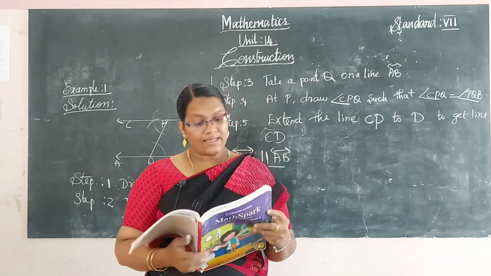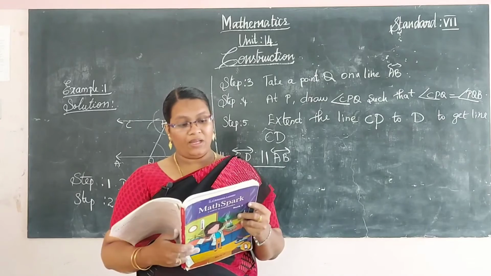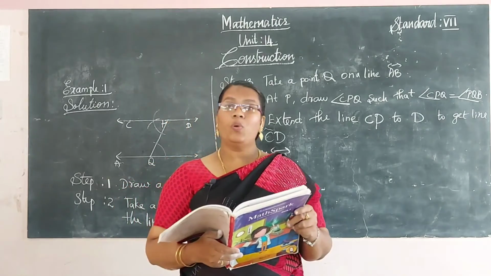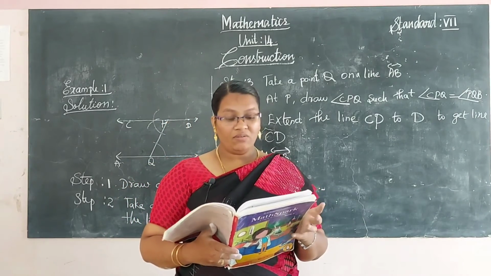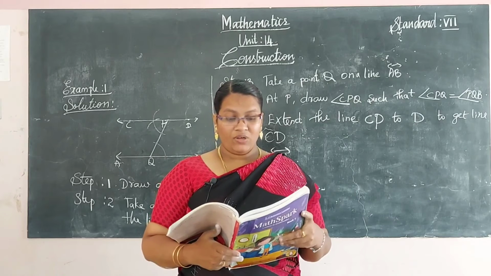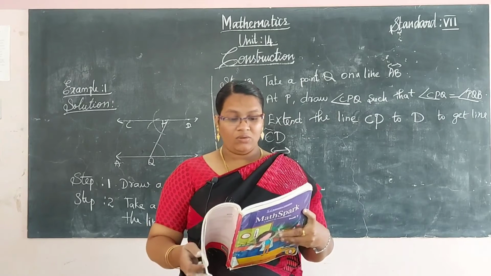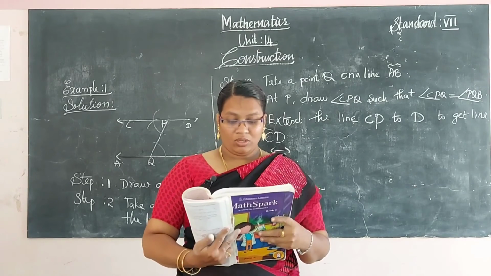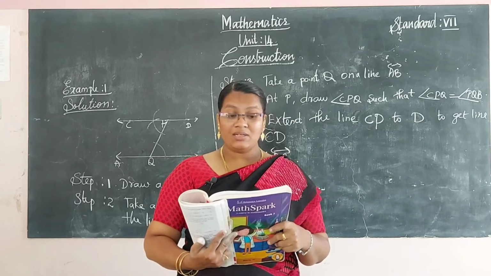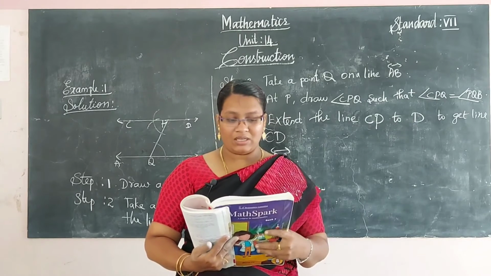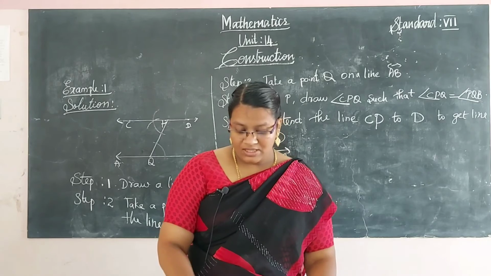Okay, next example. Draw a line CD parallel to the line AB at a distance of 2.5 centimeters. This is a very important one. Everyone watch carefully, then only you can draw the parallel line at a distance of 2.5 centimeters.